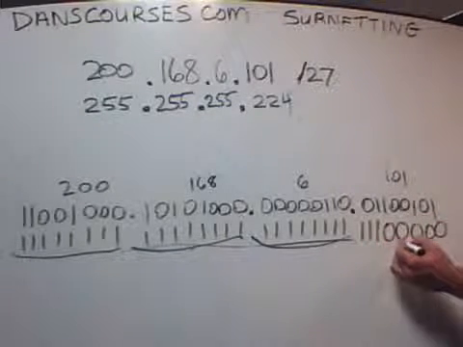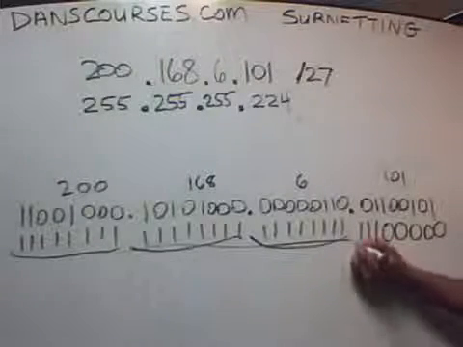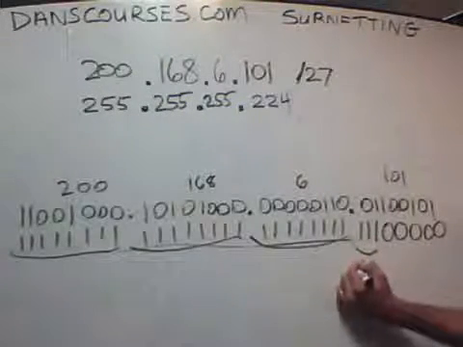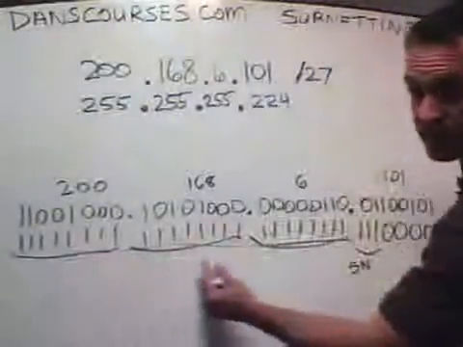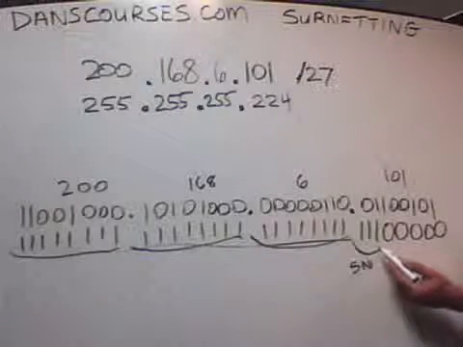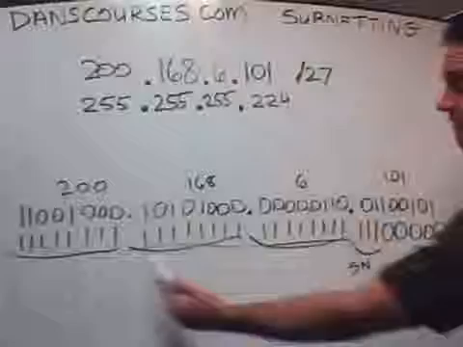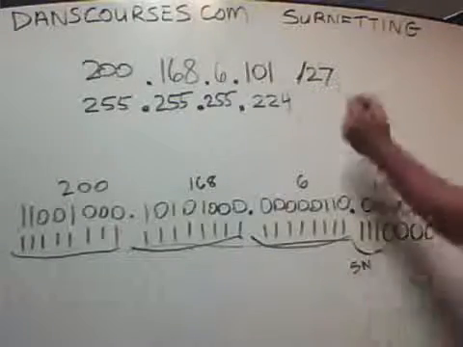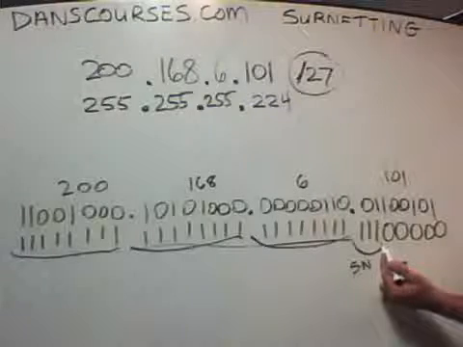1, 2, 3, 4, 5, 6, 7, 8. So we've now added 3 more ones, and these 3 ones that we've added here are your subnet bits. The original ones are your net mask bits, and these borrowed bits that we've converted from zeros to ones are subnet bits. Now, if you count all the ones going from left to right, we now have /27, or 27 ones.